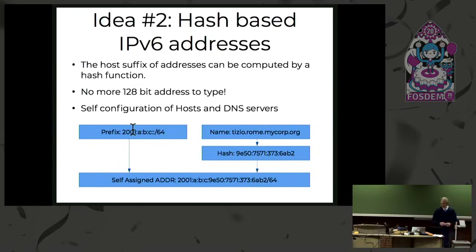So the idea is that now we have to tell the DNS server the prefix. We have reduced the complexity of the problem, but still we have to provide this DNS server with the prefix.